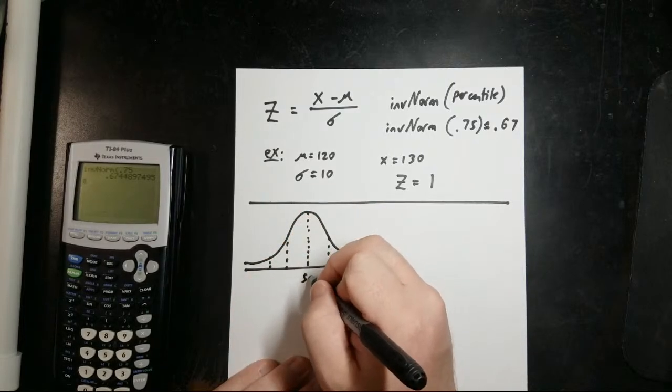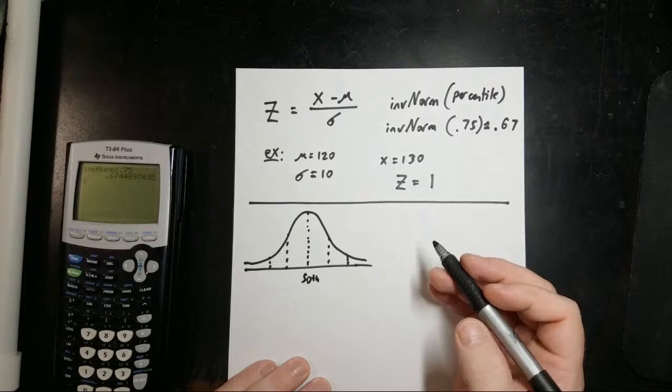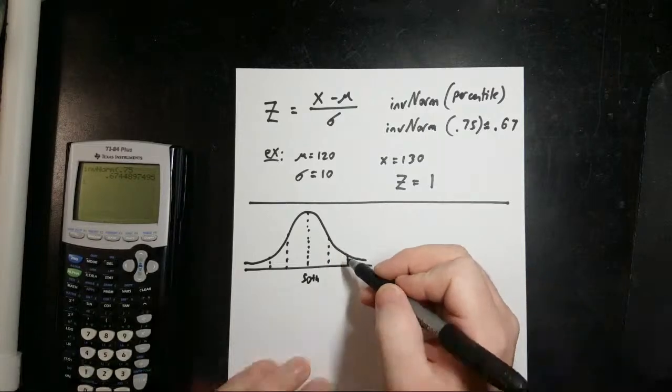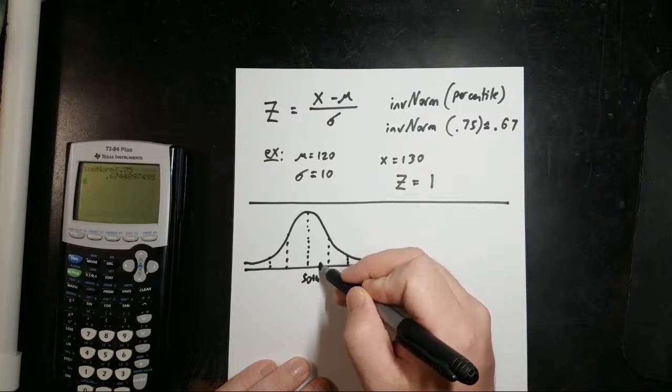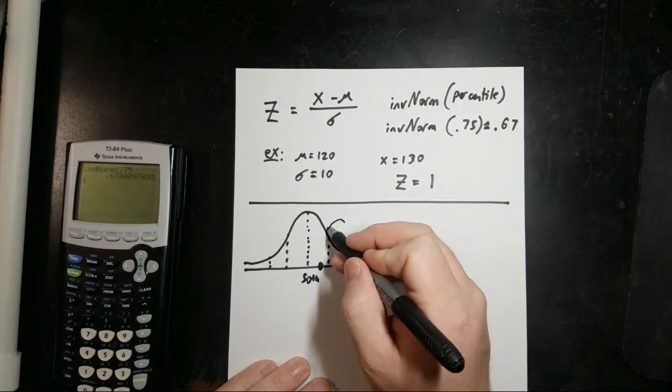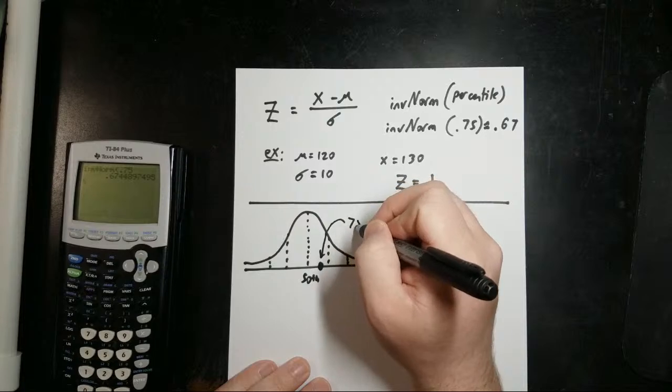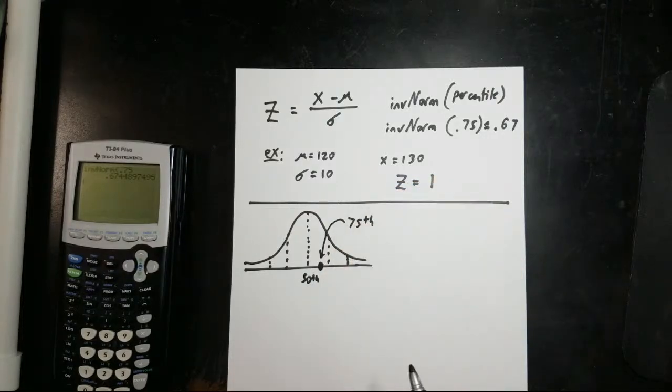The 50th percentile is right in the middle. The 75th percentile would be a Z-score right about here. Each dotted line represents 1 standard deviation above, or down here below, the mean, of course.